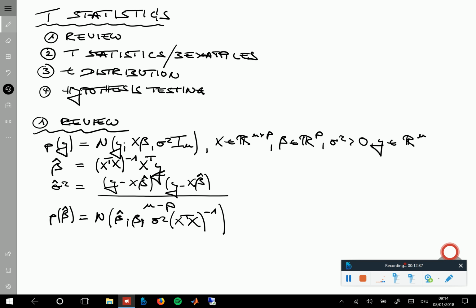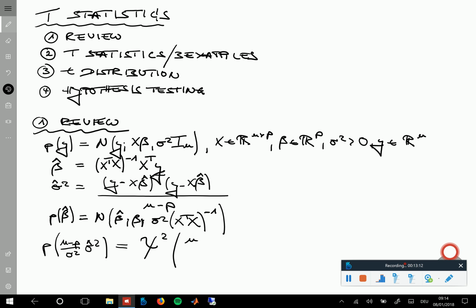Yeah, very good. And then you already said that the sigma square estimate is associated with the chi-square distribution, and that's true. It's actually the normalized version of the sigma square estimate, so divided by the true but unknown value of sigma square and multiplied by n minus p, which is distributed according to a chi-square distribution.